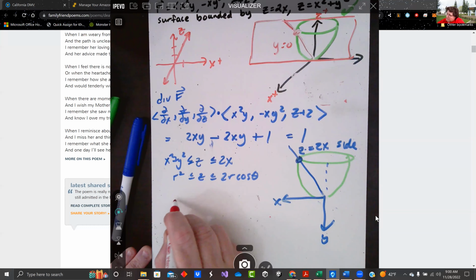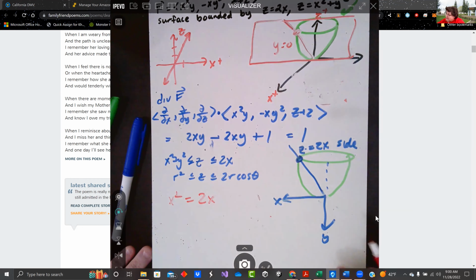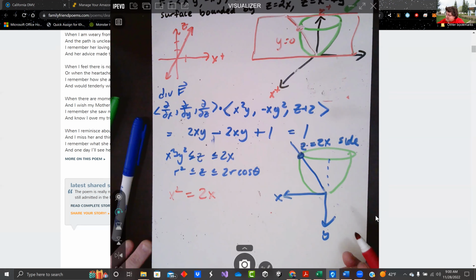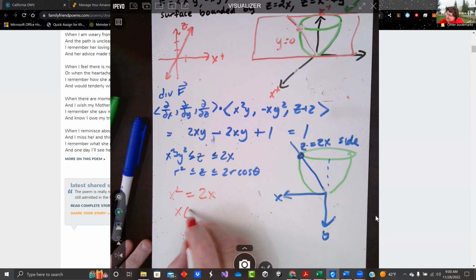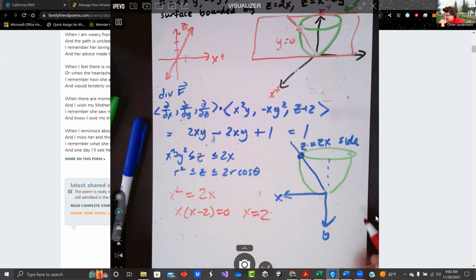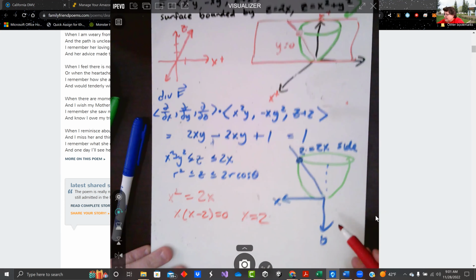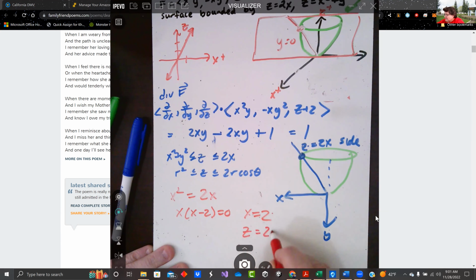So z equals 2x, x squared equals 2x. Find the boundary. So x times x minus 2 equals 0. It happens at x equals 2, which means that happens at z equals 2x at 4.